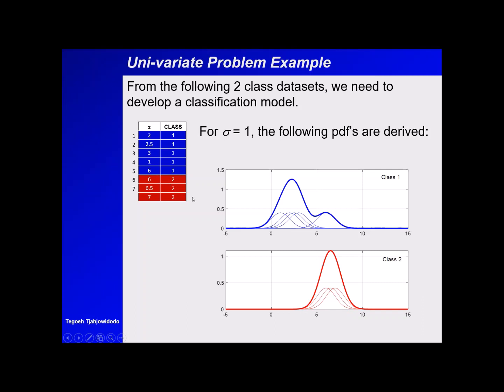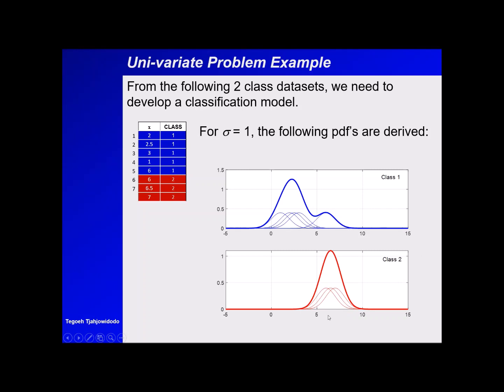I expect the distribution of this population will have 2 peaks, just like what we have here after I sum all of these 5 PDFs. So in my first judgment, probably selecting sigma equal to 1 is a good choice, because I will have 2 peaks.